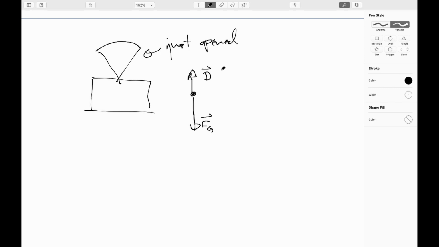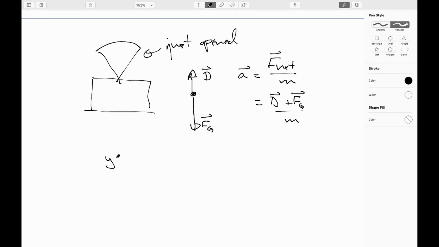So here again, if I say the acceleration is equal to F net over m, here the net force is going to be the vector sum of these two. So this will be D plus Fg as a vector.